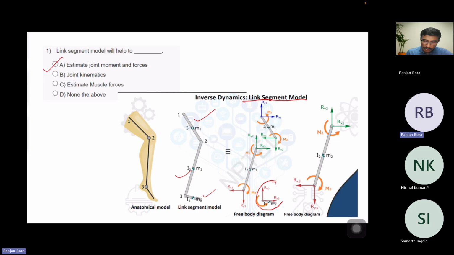First we calculate the reaction forces at the ankle joint, and those reaction forces are then used in the tibia to find the reaction forces in the knee joint. Using this approach, we estimate the joint moment and reaction forces at any joint.